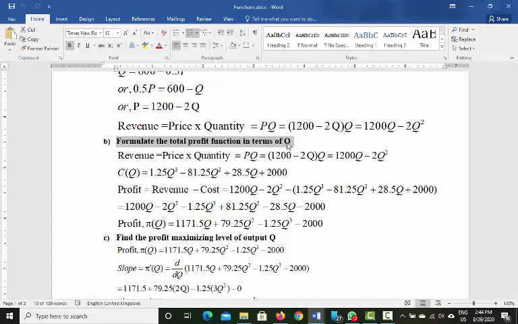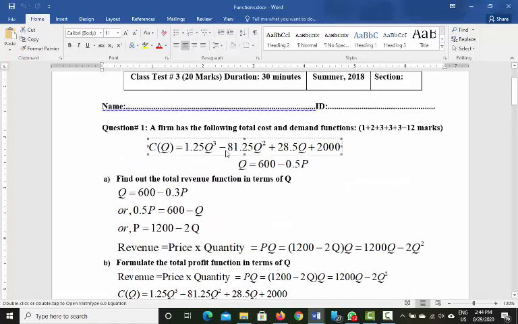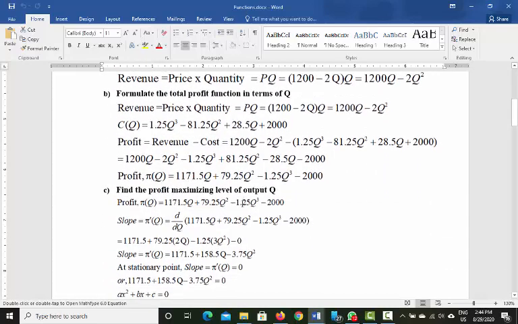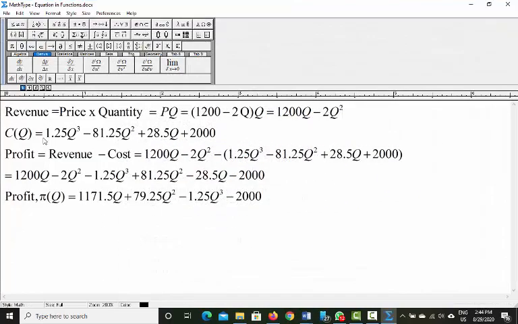So profit means what? We know that this is the cost function. So now we need to find out the profit function.